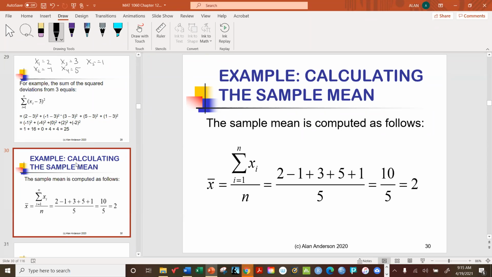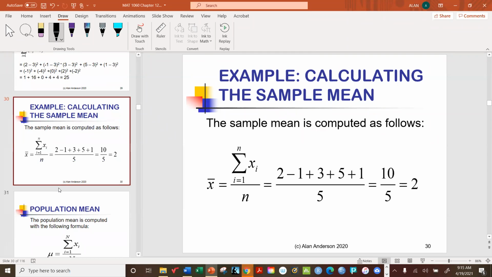All right, so that's how the sample mean works. So why don't we make up a completely new example before we go on, just to make sure that we get it.